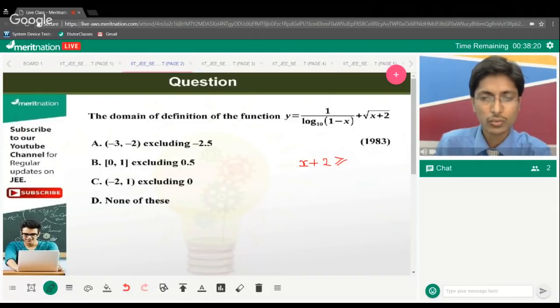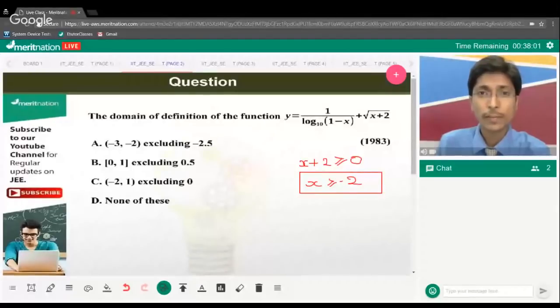So guys, x has to be greater than or equal to negative 2. So this is one of the things which we have with us, which is x is greater than or equal to negative 2.